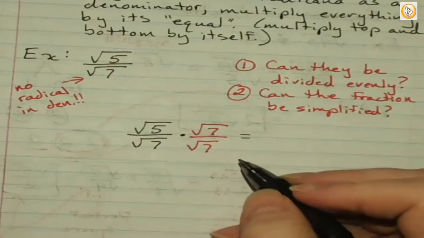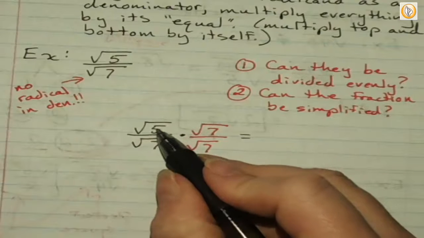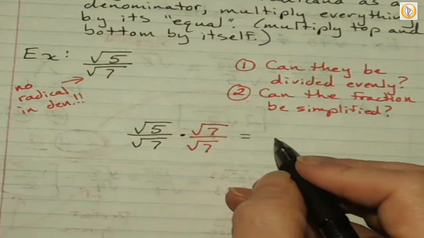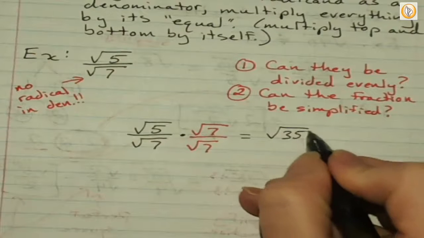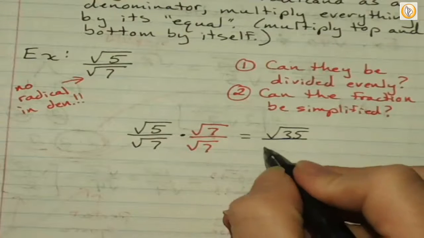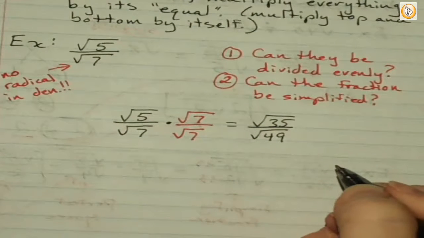Watch what happens. Just like what we did on Friday, what is the square root of 5 times the square root of 7? What's 5 times 7? 35. What is 7 times 7? 49.